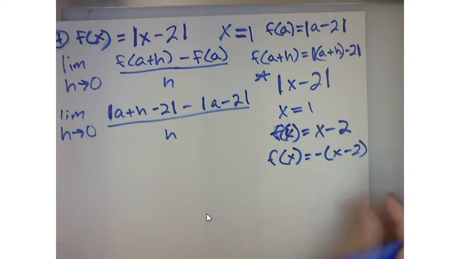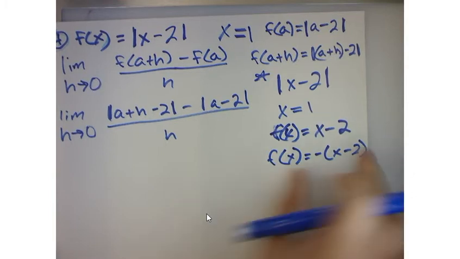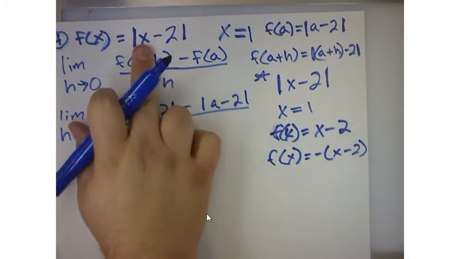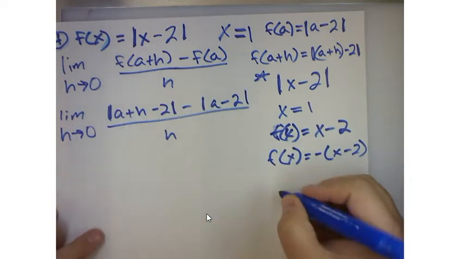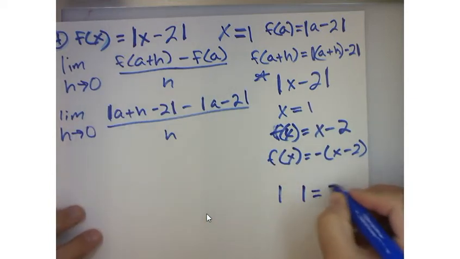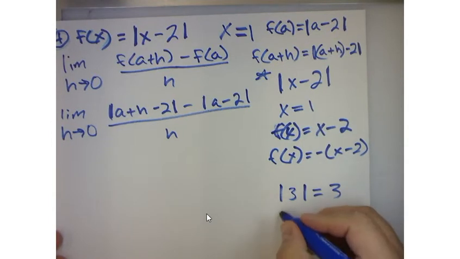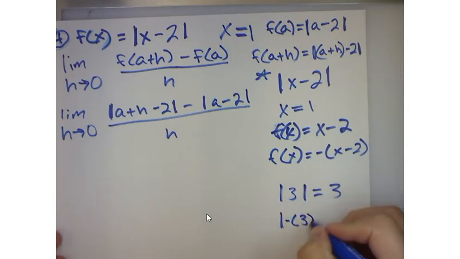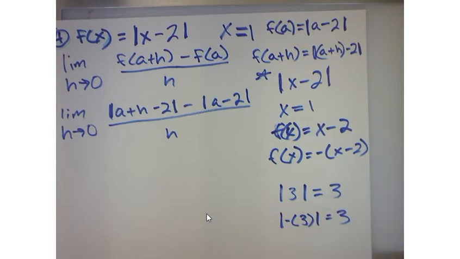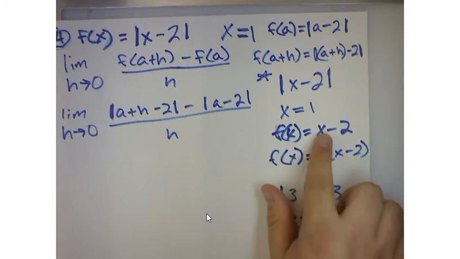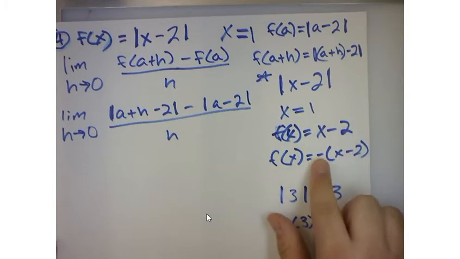Because if I took the absolute value of this, you could get a positive or negative and get the same. In other words, think of it like this. What could I plug into those absolute value brackets that would give me 3? I could plug in a 3, or I could plug in the negative of 3. And both of them would give me 3. So we're applying that same concept here. I could use x minus 2, or I could use the opposite of x minus 2.